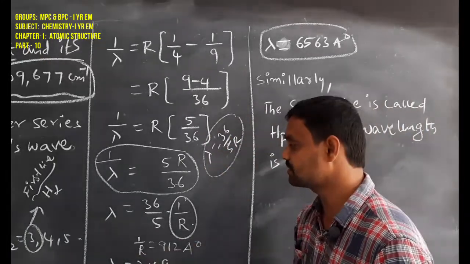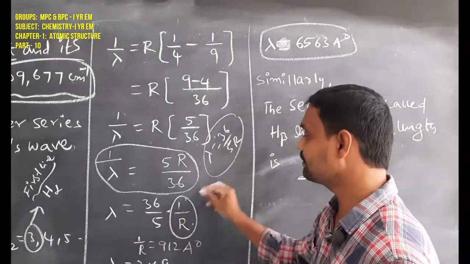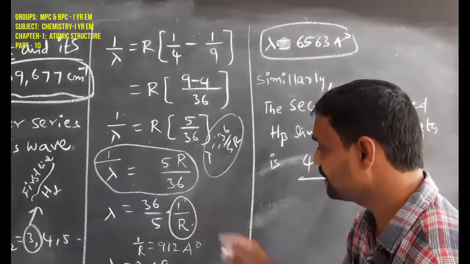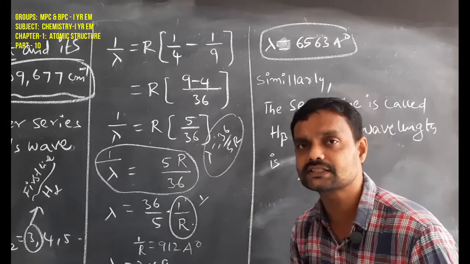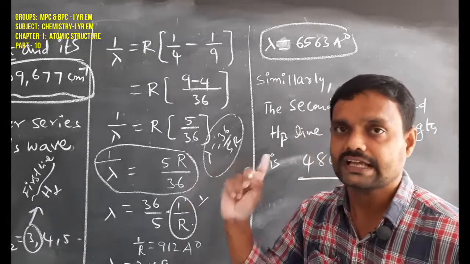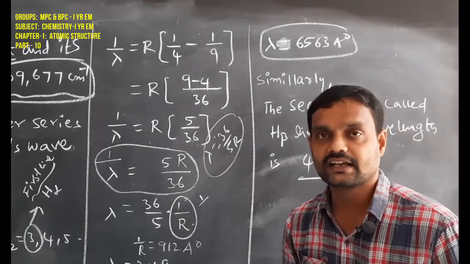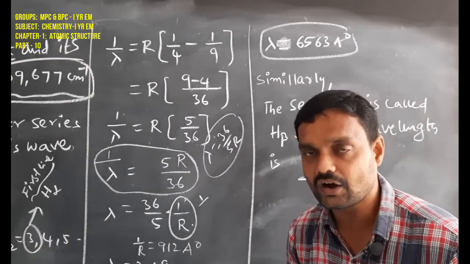So lambda equals 36 by 5 into 1 by R, where R is the Rydberg constant for the hydrogen atom. That is a constant value. Previously we observed that value, how much is it?